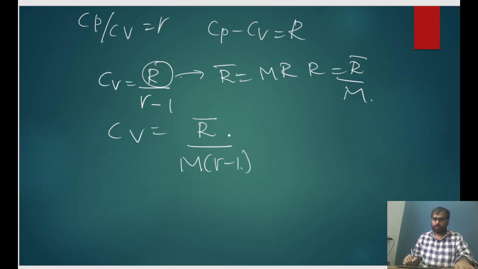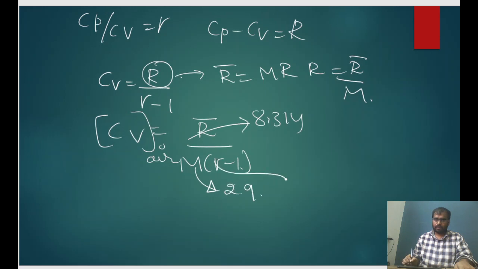Let us see the value of Cv for air. This R bar is constant 8.314. The value of molar mass for air is 29, and the gamma for air is 1.4. If you put this value, you will get 0.718 kilojoule per kg Kelvin.